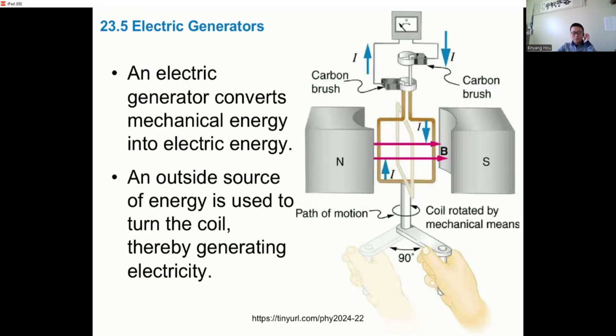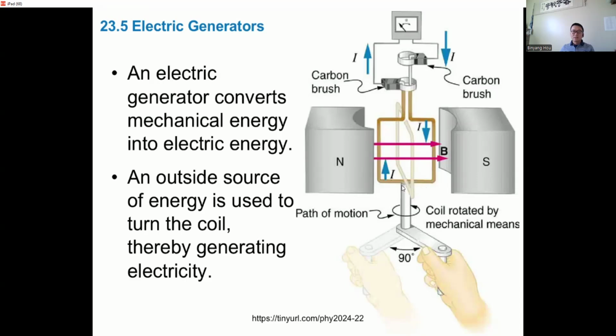In this section, we'll look at the case where the B field is not changing. It's a fixed permanent magnet, so the B field between these two magnets is not changing. And the coil has a fixed shape. It might have N turns, but the shape is not changing, so the area is not changing.